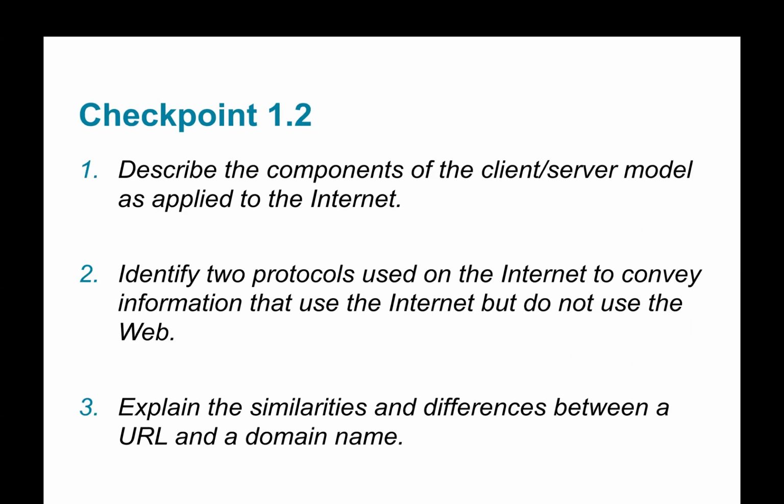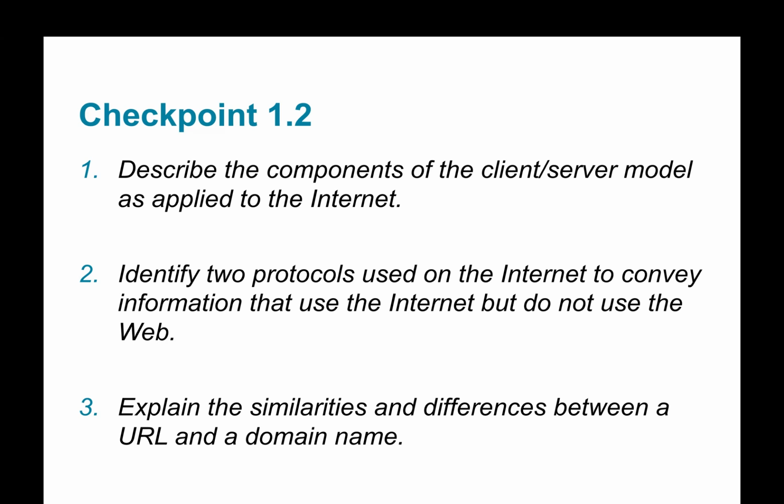So for the first part, we described the different components of the client-server model as applied to the internet. We identified protocols like HTTP, and then we talked about IP addresses and how IP addresses are associated with domain names, and how we type domain names and get the IP address from the DNS server.